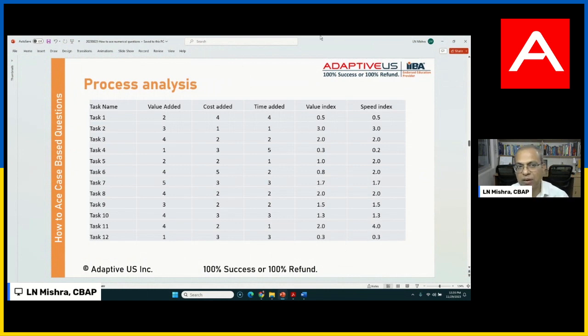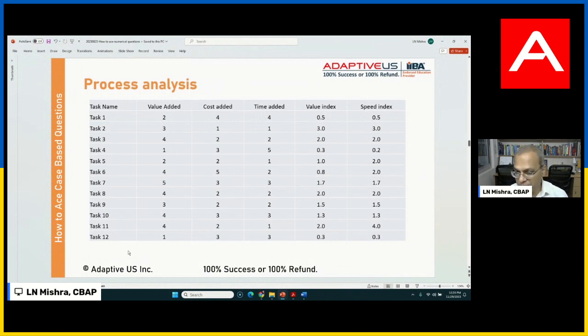Say, for example, I have used ratios for a process analysis situation, and there are many tasks that have been listed, and I have added three columns here: value added, cost added, and time added. The value index is essentially value added divided by cost added, so it's an index that I have computed. Similarly, I computed the speed index by dividing value added by time added.